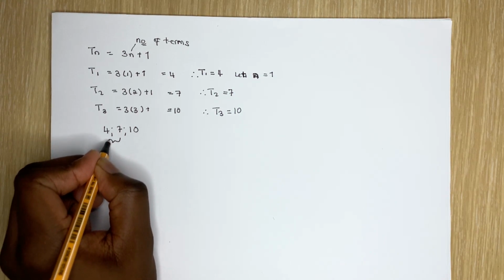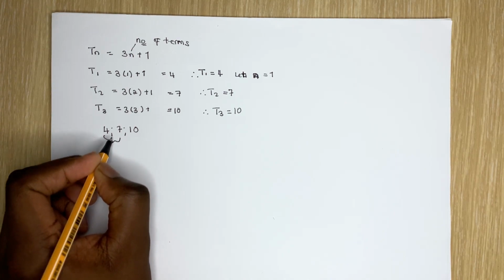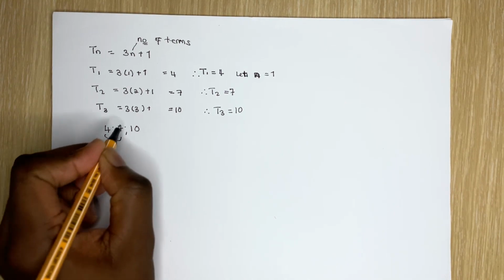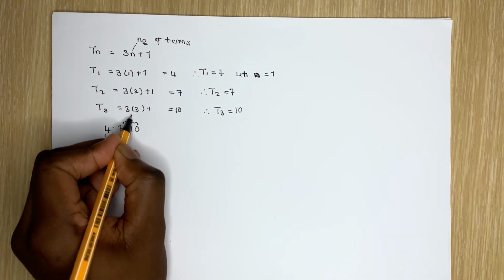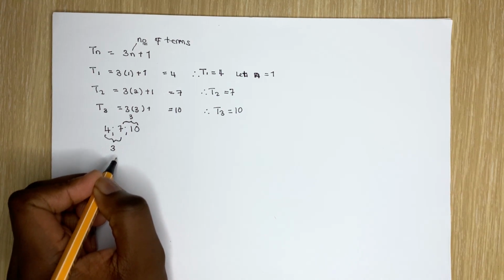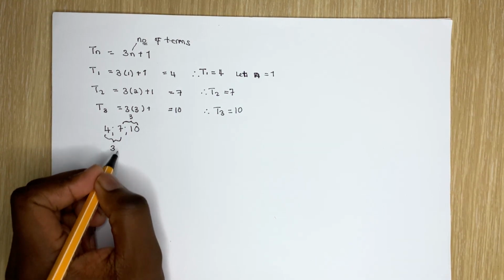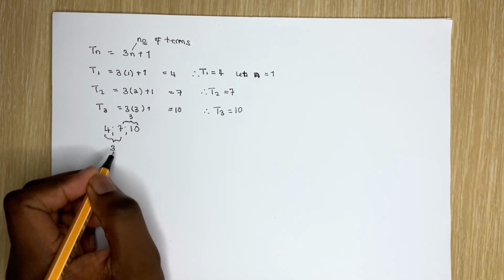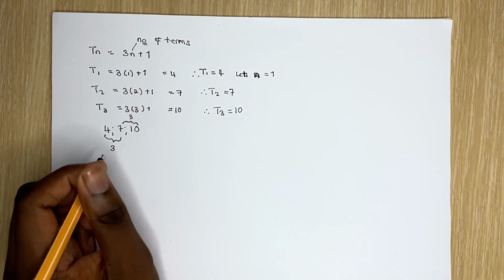For example, 7 minus 4 equals 3, and 10 minus 7 equals 3. So we can clearly see that there is a common difference in this sequence. Therefore, it is true that this is an arithmetic sequence, and our calculation is also correct.